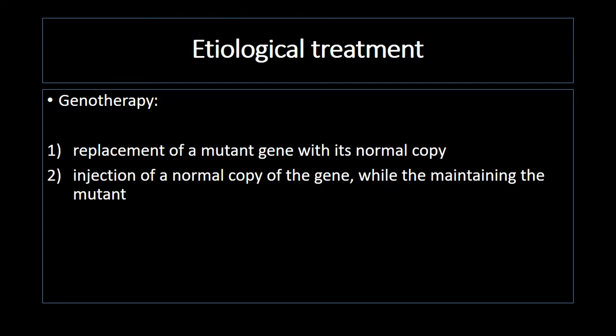Etiological treatment. I remind you, the cause of the genetic disease is a gene mutation or other changes of the genetic material. So the etiological treatment will be based on the gene therapy.